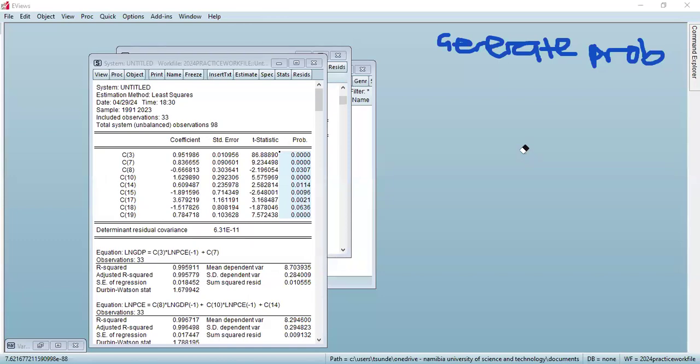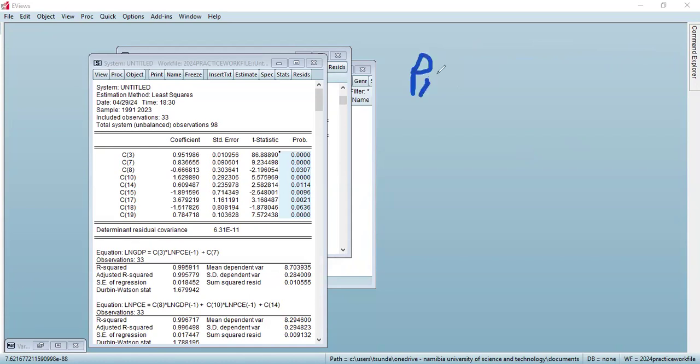lags which are insignificant. So the model that you come up with, this model result that we've come up with, is referred to as the parsimonious model.